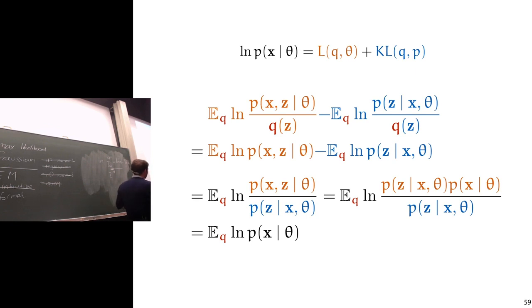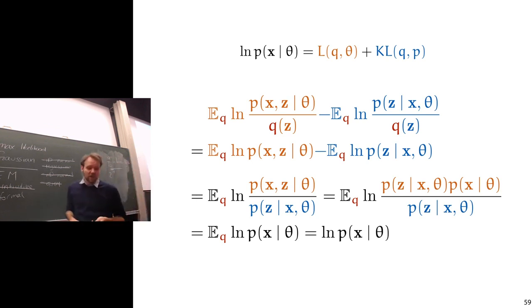So this is something that doesn't depend on q, because q is conditional on x, but it only has z as a random variable. So it only gives us an expectation over z, and there's no z in this part. So this is just the logarithm of the likelihood, which is what we wanted to prove, right? We wanted to prove that this thing is equal to this thing plus this thing. So that's the proof.